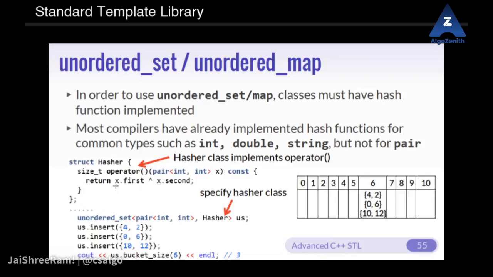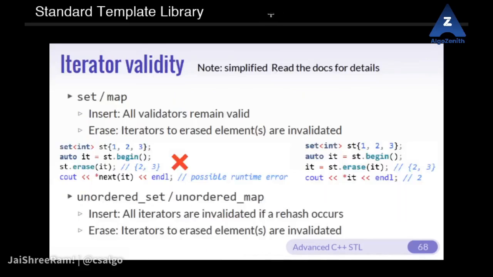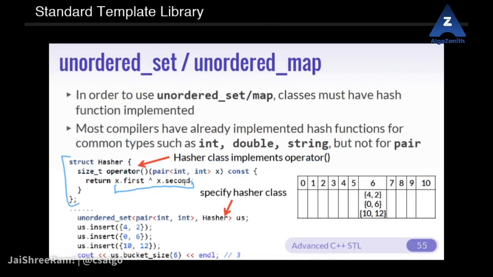Let's take a simple hashing that just takes the XOR of the first and second values and returns an integer, and that is hashable. You can create a custom hash like this and put it inside the unordered set, and it will now hash these values. But note that this hash function needs to be very good, or else a lot of different values can map to the same index, and that will make the time complexity worse.